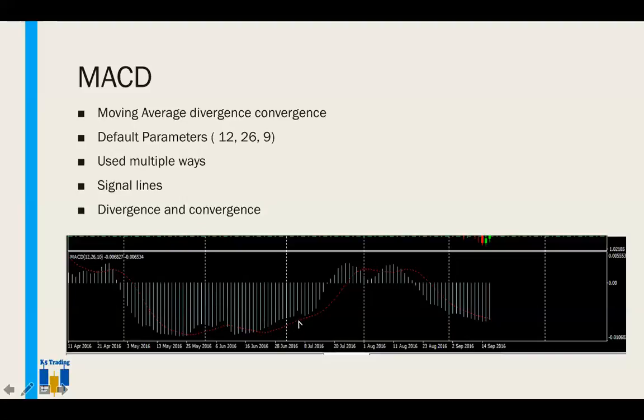As long as the histogram is above this signal line, I keep my position open. The minute it goes below, I close my position. So I will enter my position here and close it here. But this works in conjunction with another indicator, the 8 EMA crossing above or below the 15 EMA. When I go into the chart, I will show you how it works.